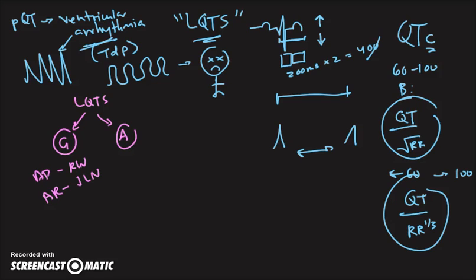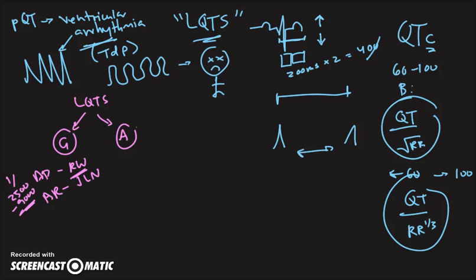Remember that this has only a cardiac phenotype. This is both a cardiac and a sensorineural hearing loss phenotype. And remember, Romano-Ward is the most common. I believe the incidence is actually kind of huge, 1 in 2,500 to 9,000. But, you know, it does exist.